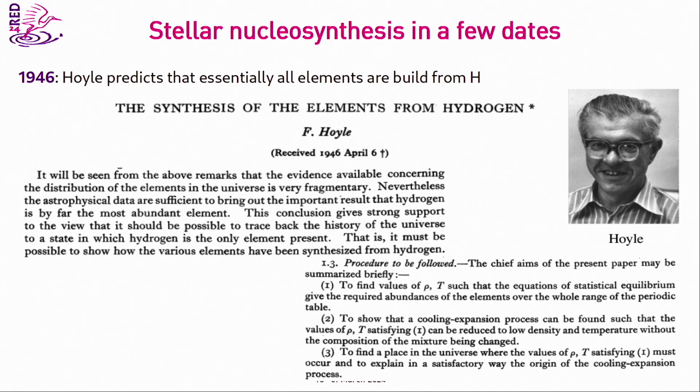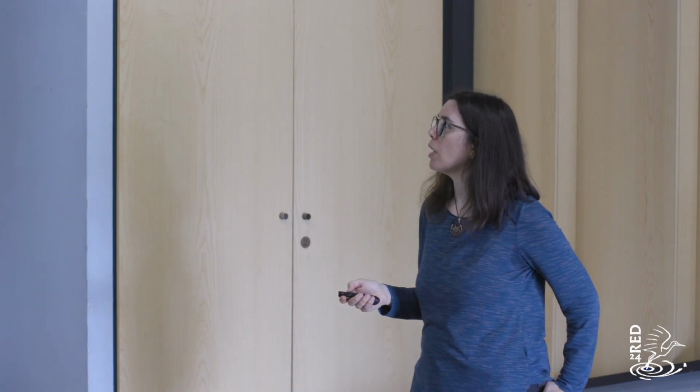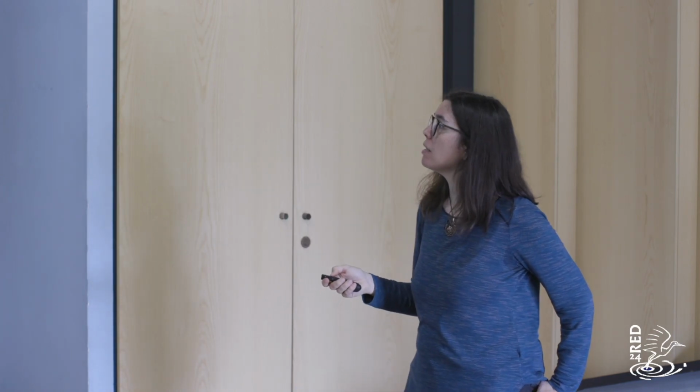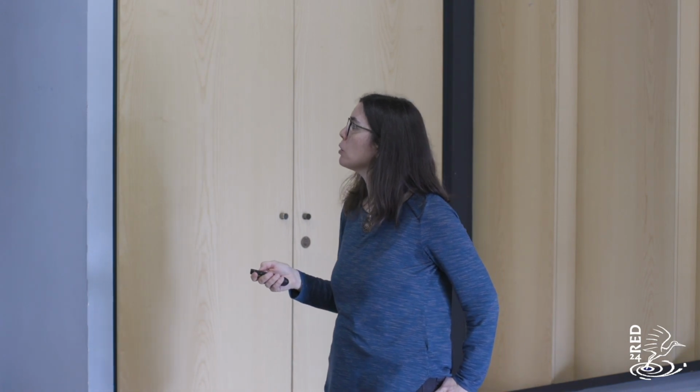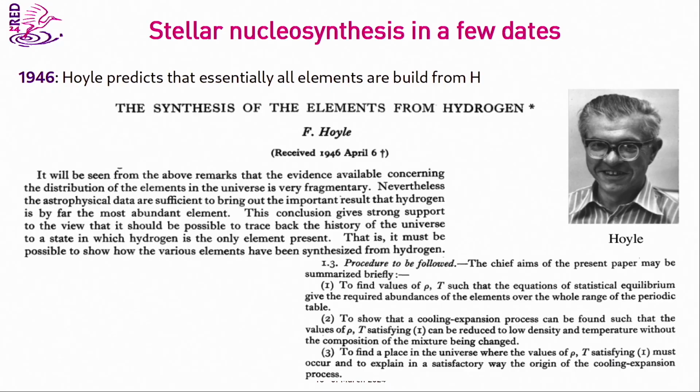And in particular, it's a very interesting paper, because we don't write papers this way anymore. But he lays out a scientific method to advance that there should be nuclear reactions that allow building the heavier elements from hydrogen. And he said that the procedure to be followed is the following. The chief aims of the present paper may be summarized.